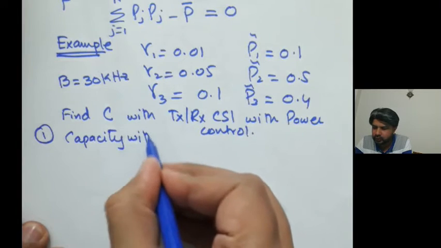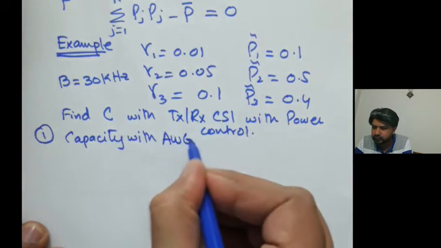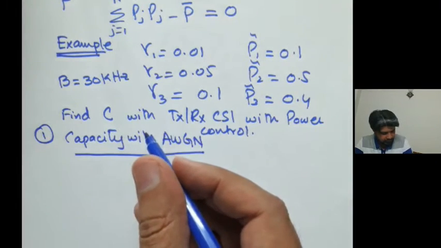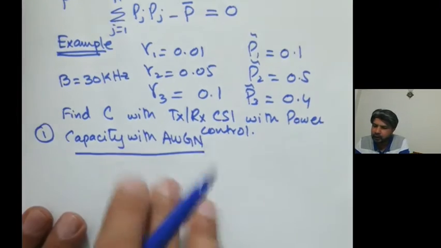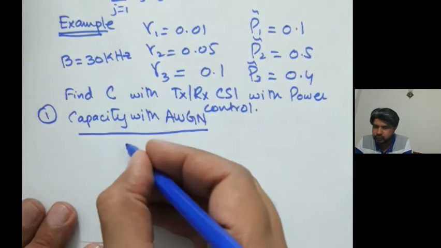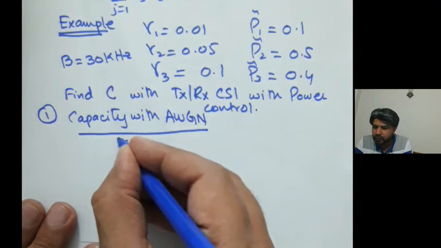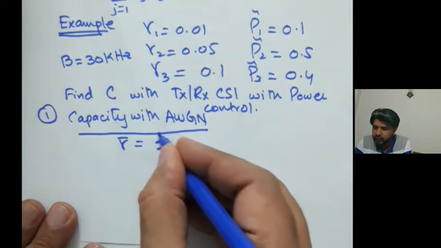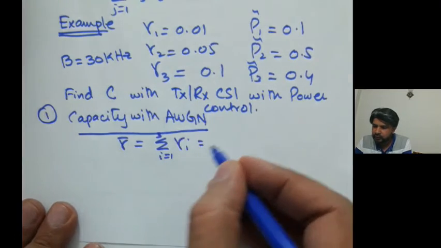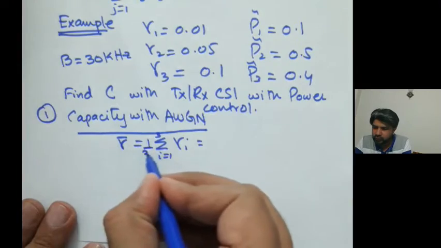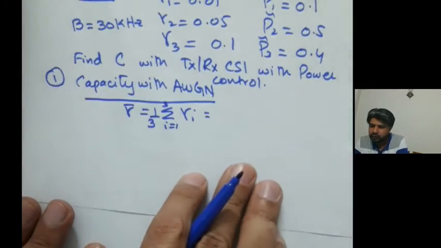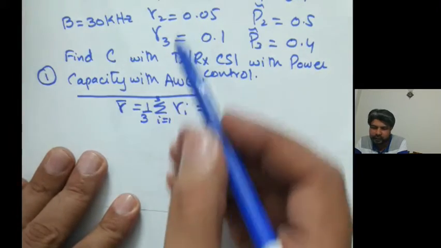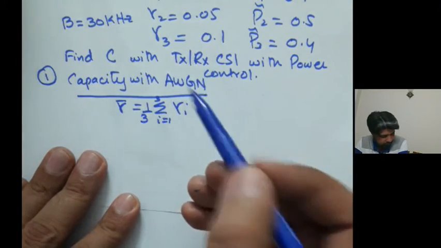That means you need to first compute what is the average signal to noise ratio. So now we need to compute what is gamma bar. So gamma bar is what? Summation i equals 1 to 3 of gamma i, times 1 over 3, and that would give us the average signal to noise ratio.